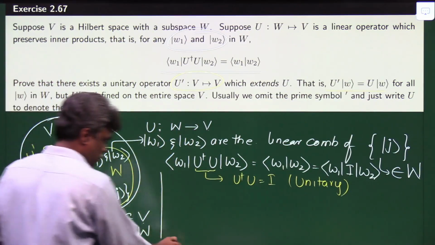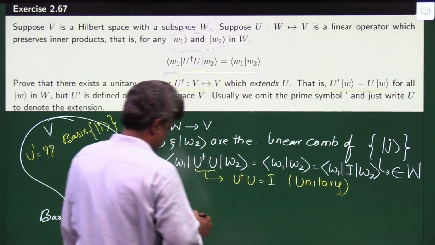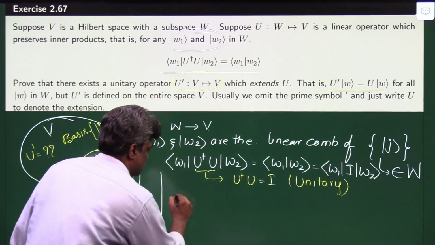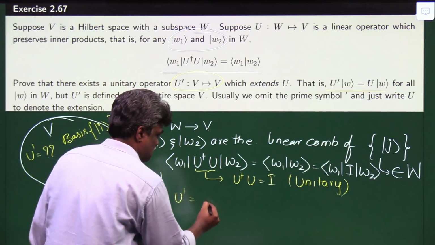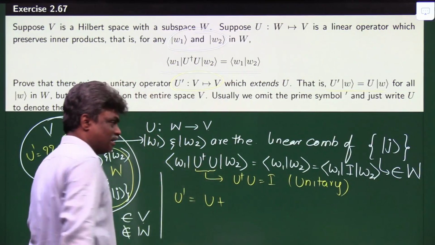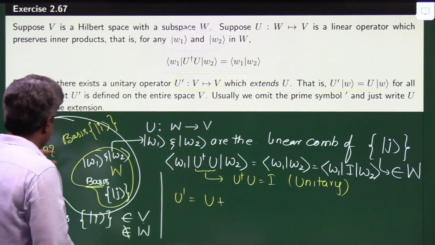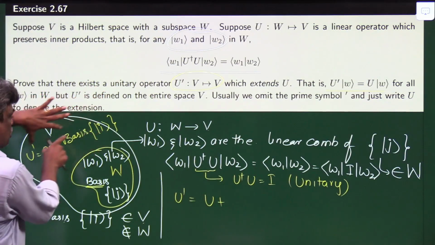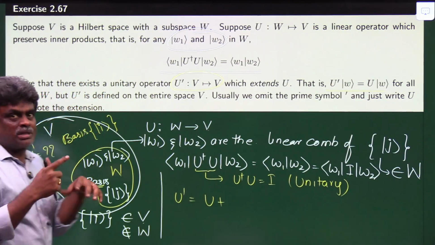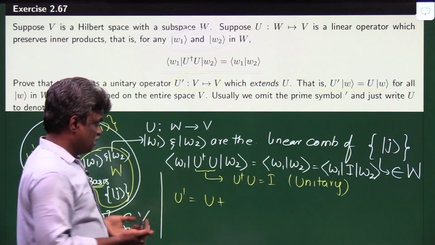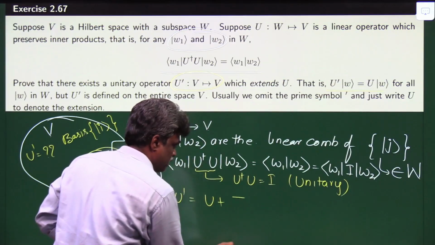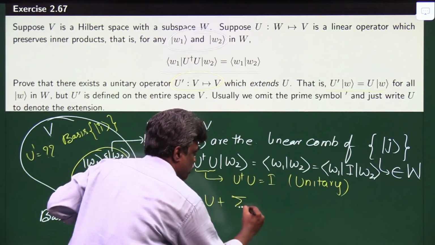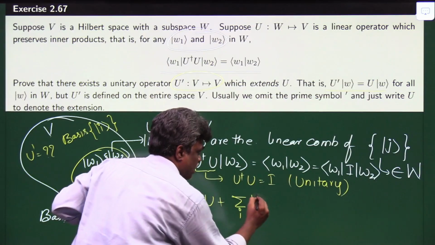Now we are going to define this. So now I'm going to define this U prime. I think common sense is saying U plus, and here we have these bases which belong only to V. So I'm adding the outer products, summation over i.